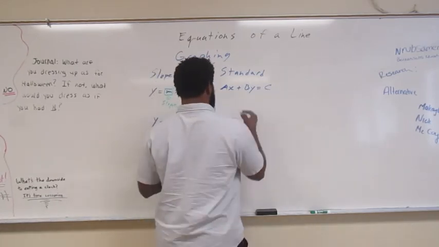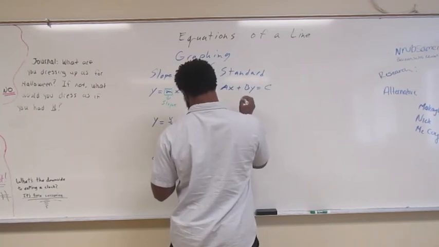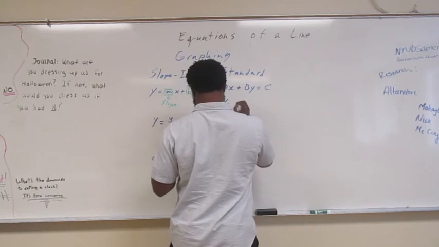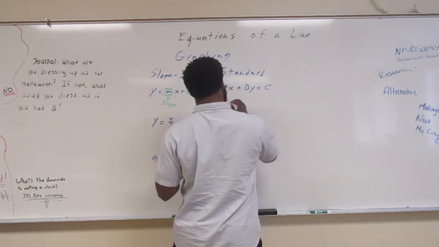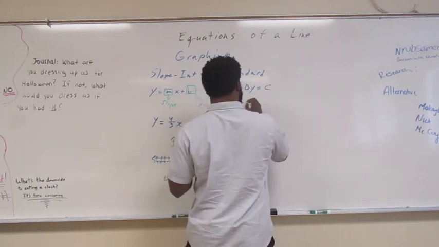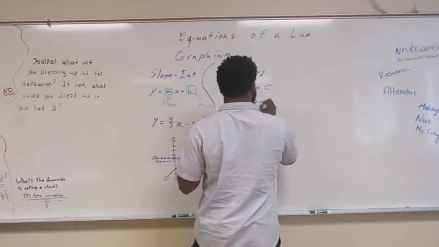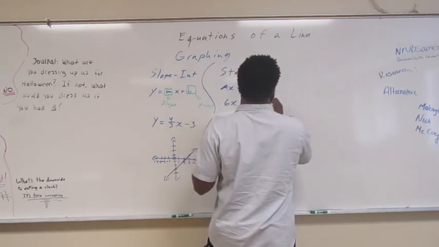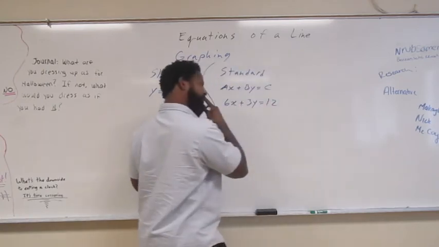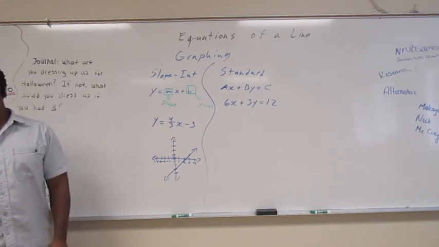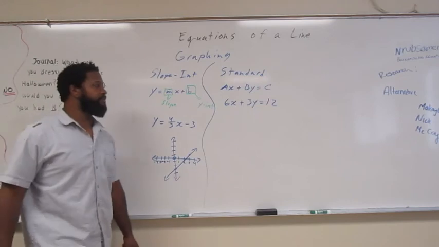Okay, so say for example, you might have 6x plus 3y is equal to 12.